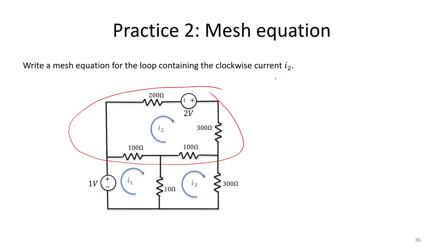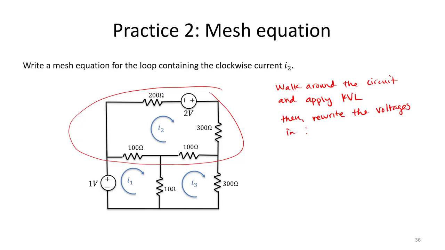Typically, the thing you want to remember is you'll want to walk around the circuit and apply Kirchhoff's voltage law, and then rewrite the voltages in terms of the mesh currents and resistances. So let's give this a try.